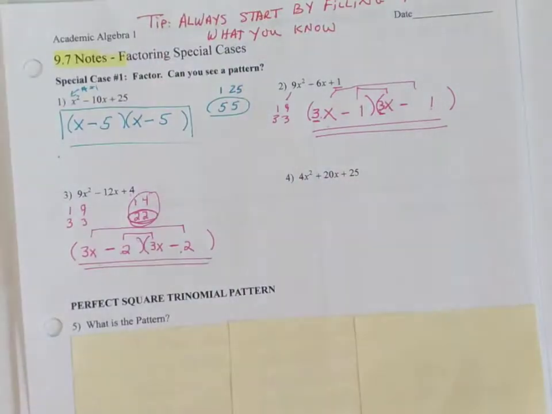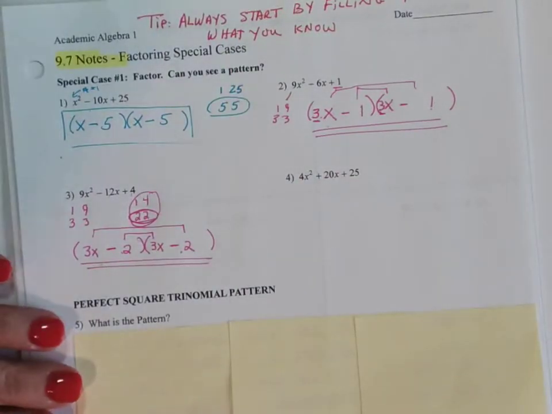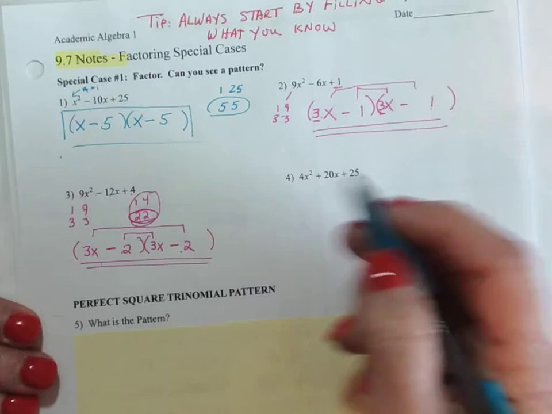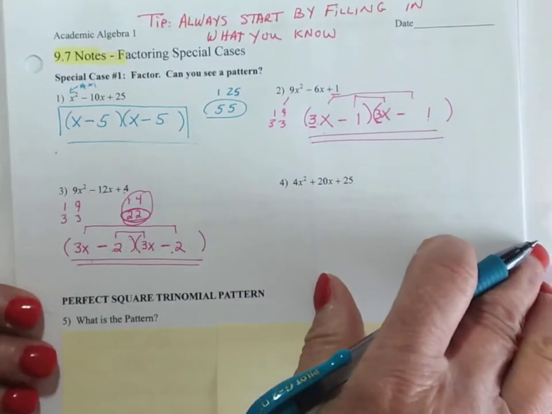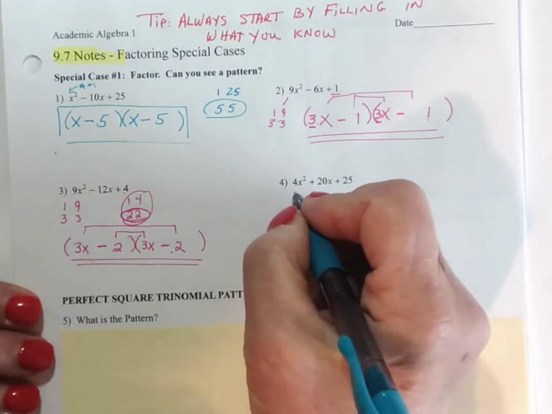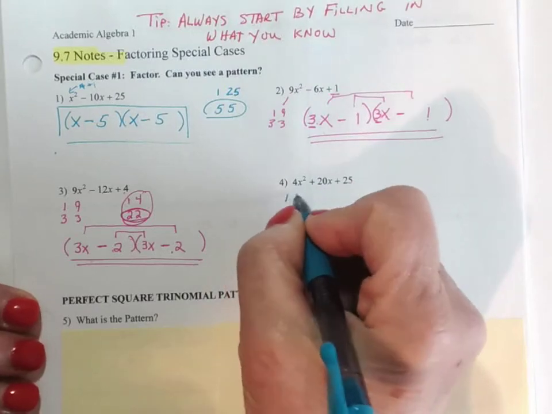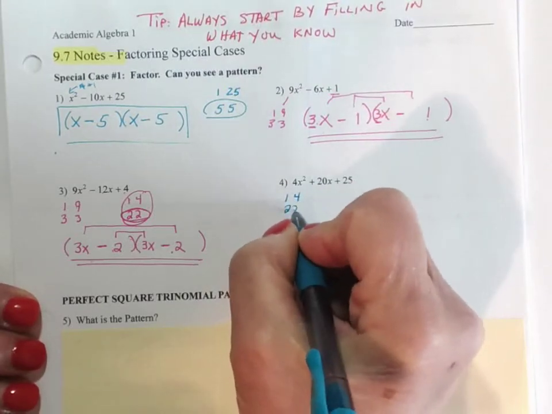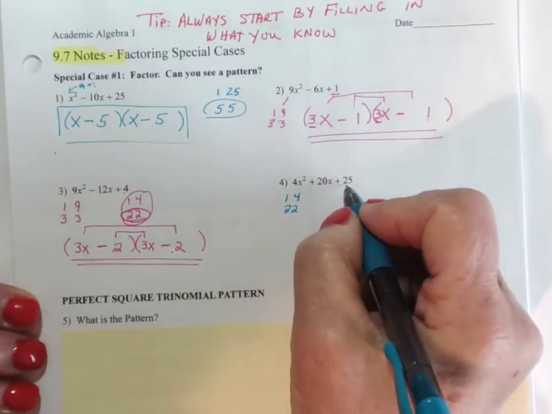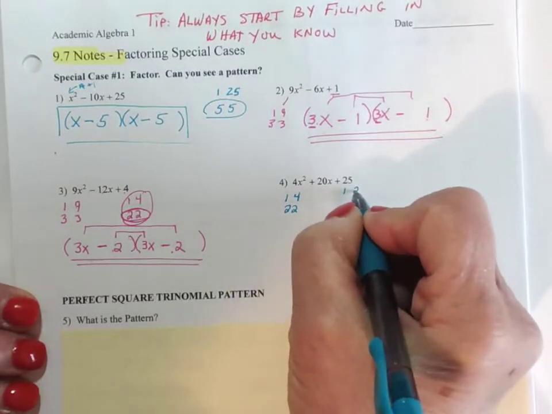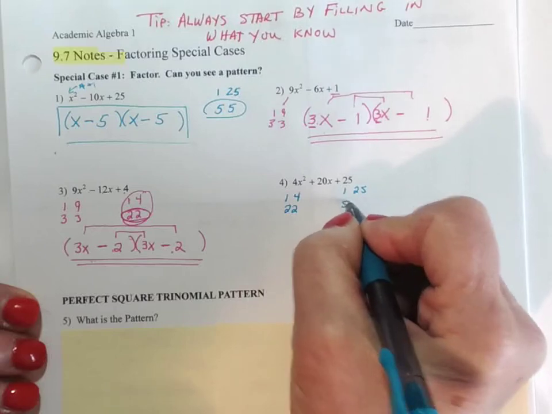All right. So we've got our last one. And maybe you're seeing a pattern here. Here, my factors of 4 are 1 and 4, 2 and 2. My factors of 25, 1 and 25, 5 and 5.